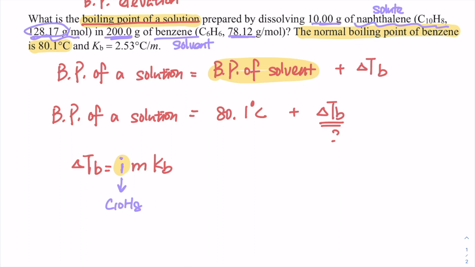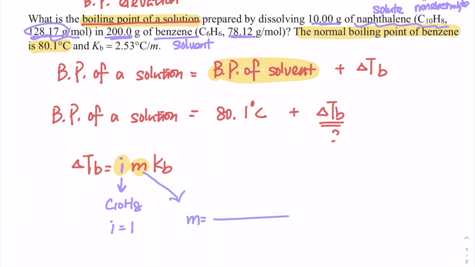C10H8 is all carbon and hydrogen, so it's just a molecular compound, which is a non-electrolyte. A non-electrolyte has a van 't Hoff factor of 1, meaning when you put it into a solvent it stays as an intact molecule and doesn't dissociate into ions, so i equals 1. Now we need to figure out the molality.